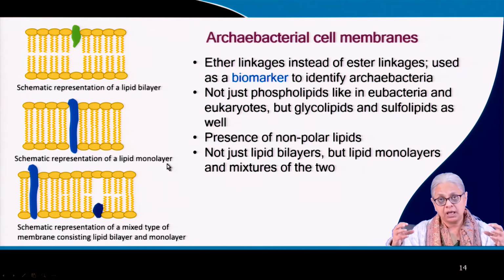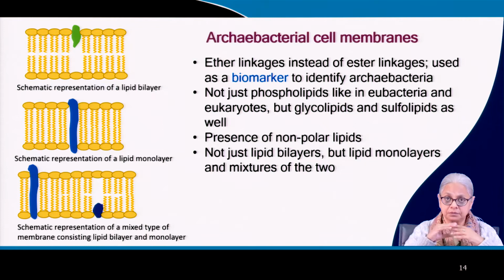If you have a molecule which has hydrophilic heads on both sides and a hydrocarbon chain linking these hydrophilic heads, then that's what you get, a lipid monolayer. The basic structure is more or less the same, but they are not two different layers. It's one layer.